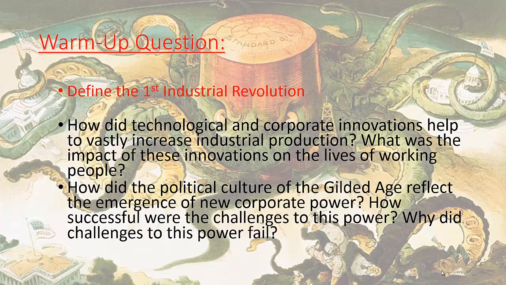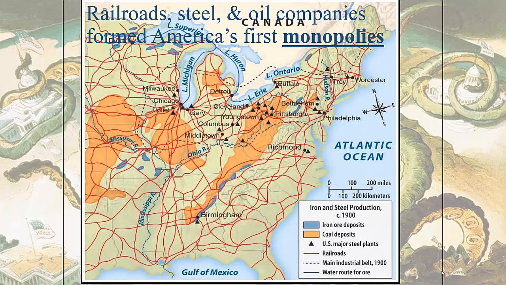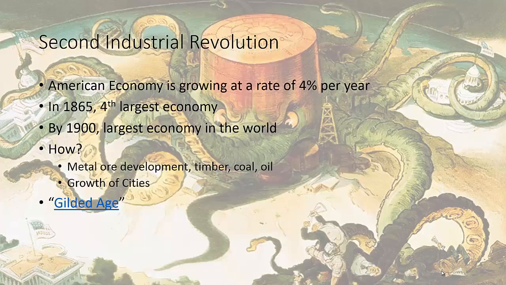And now we're going to compare it generally to the second industrial revolution. The second industrial revolution, however, is going to be built on railroads, steel, and oil. Those are the three main raw materials, unlike the cotton of the first industrial revolution. And they're going to form America's first monopolies, large companies that monopolize or control almost singularly one industry.